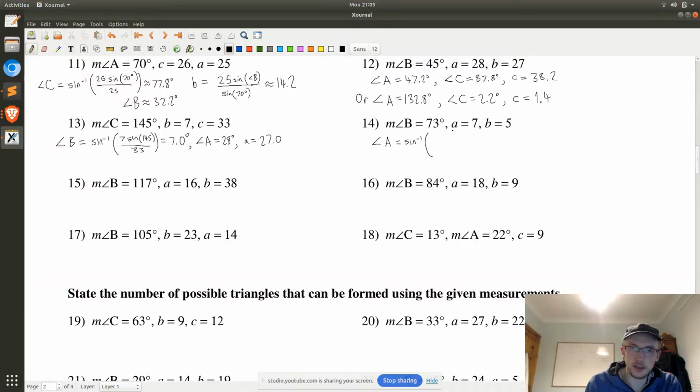Well, that would be the arc sine of, and then bring up A here. I see. That's going to be bigger than 1. And so that won't work.